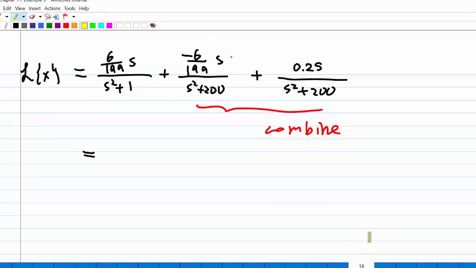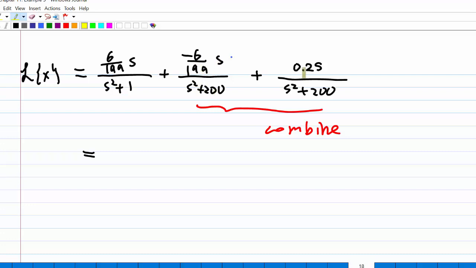So I put in the a, b, c, d, where b and d are 0, and you have the Laplace transform of x equal to 6 over 199 times s over s squared plus 1, minus 6 over 199 times s over s squared plus 200.